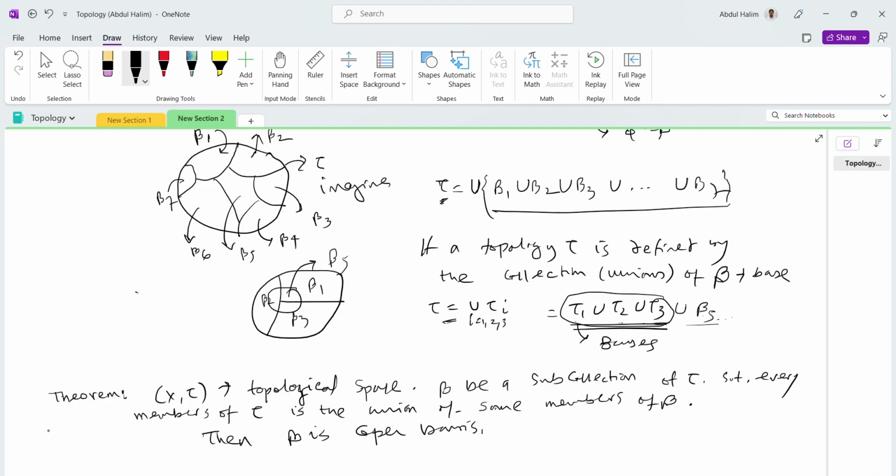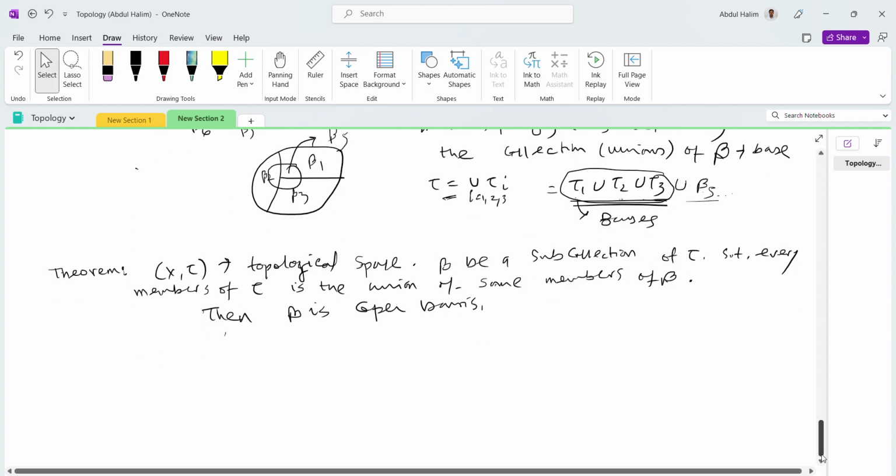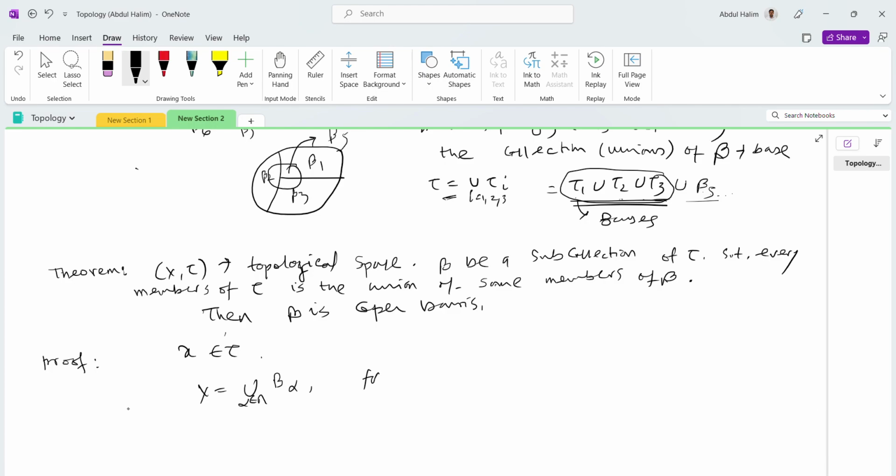What can we say about beta? We talk about open basis and closed basis, but these conditions ensure that beta is an open basis.